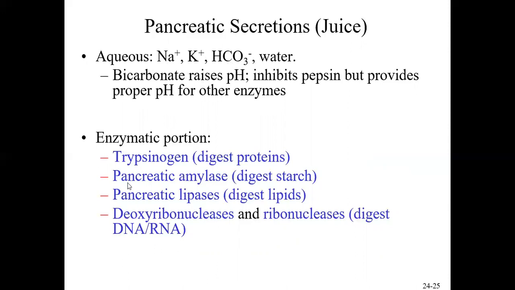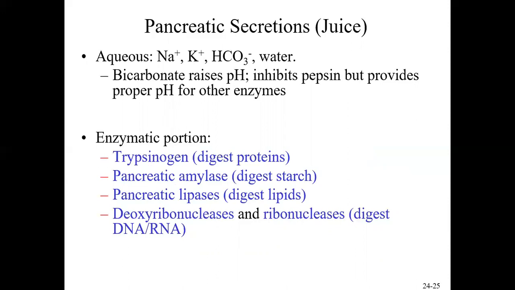So these are some of the enzymes you would find there. Trypsinogen is there to help digest the proteins. That's different than pepsin, because pepsin works at a low pH. This is working at a more neutral or slightly higher pH, somewhere around 7 or 8. Pancreatic amylase helps to digest starch. You actually have a version of this produced in the mouth, called salivary amylase, because it's produced by the salivary glands.